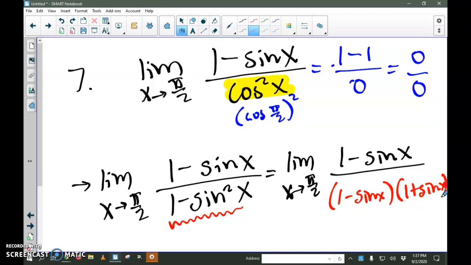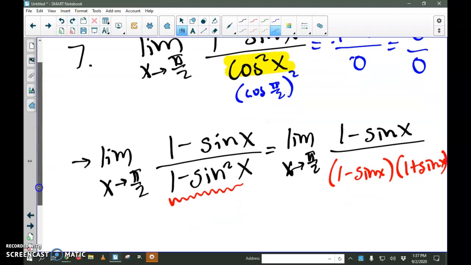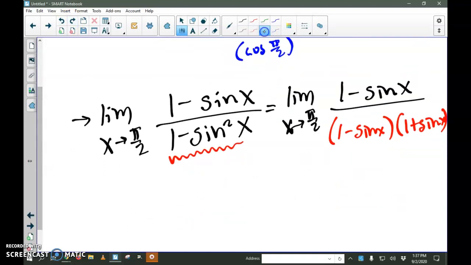If you're unsure of that, you could multiply through to double check, right? You could distribute each term in the first group with each term in the second group to check it, and it would work out that you get 1 minus sine squared. And the reason why I want to do this, I hope you can see, is because this entire numerator, 1 minus sine x, is going to divide with one of the factors in the denominator.